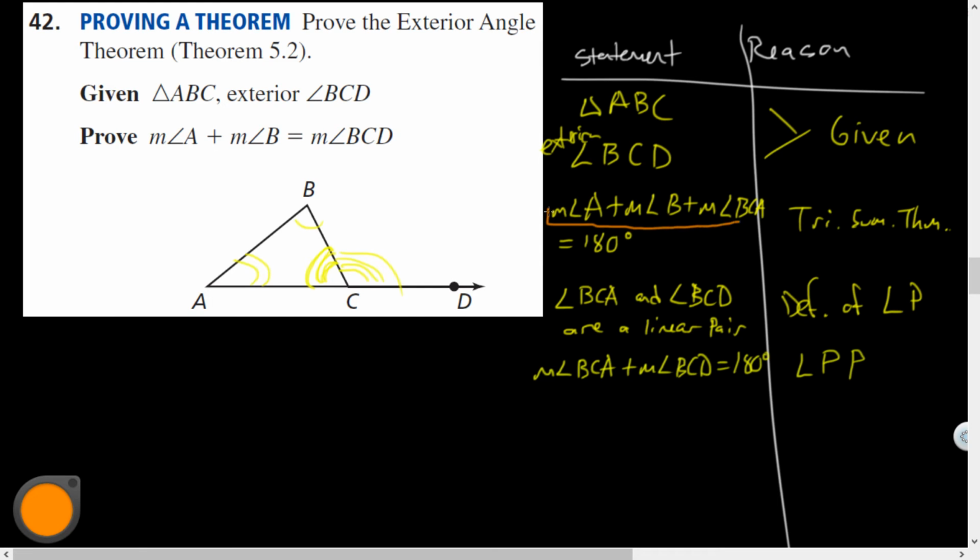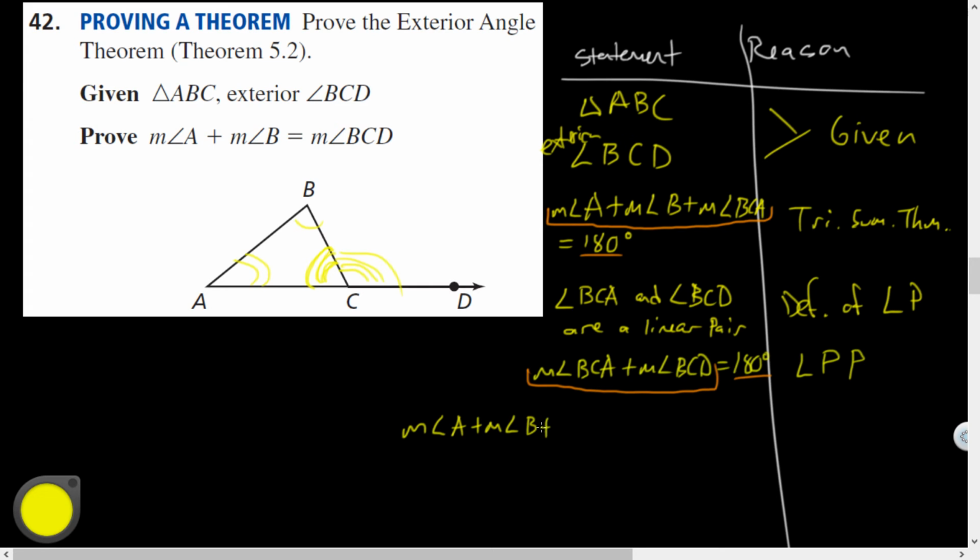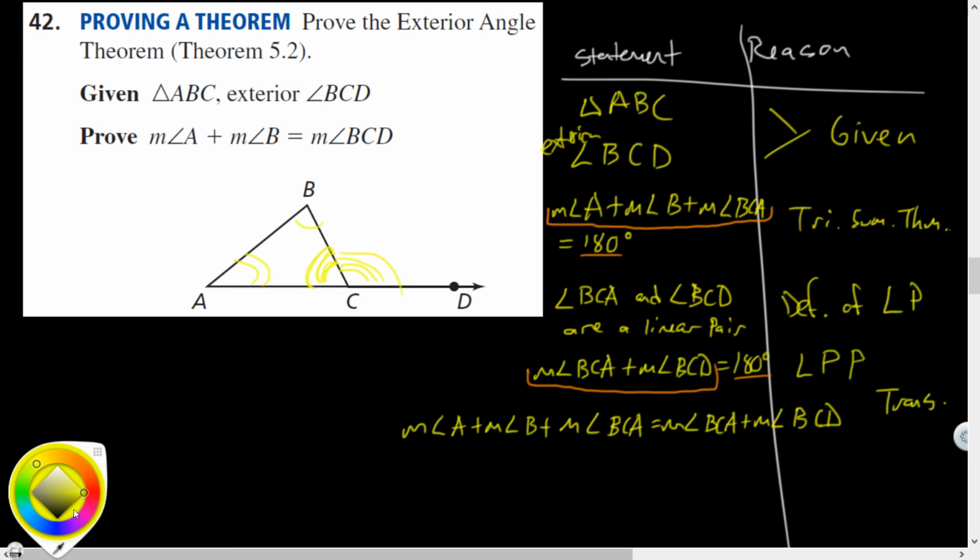If this is equal to 180 and 180 is equal to that, the measure of angle A plus the measure of angle B plus the measure of angle BCA is equal to this guy, transitiveness. Man, that took up all the space. Transitive property. Okay. Here, I'll draw this little box around this right there.